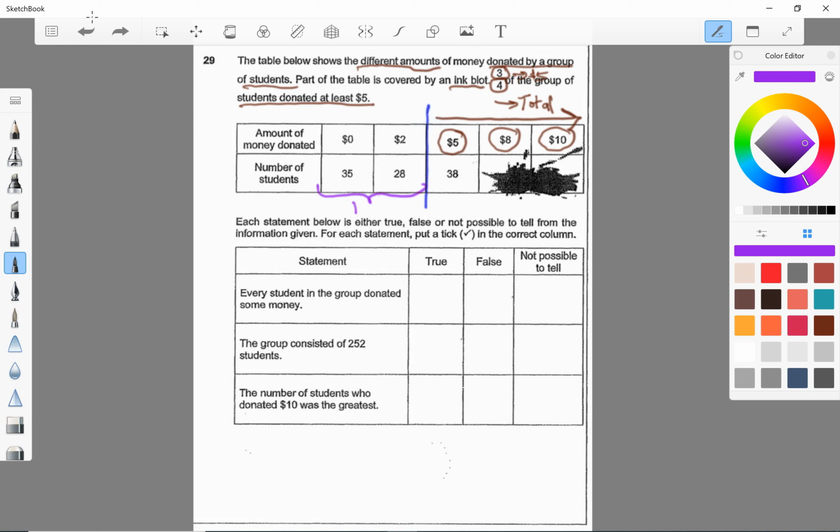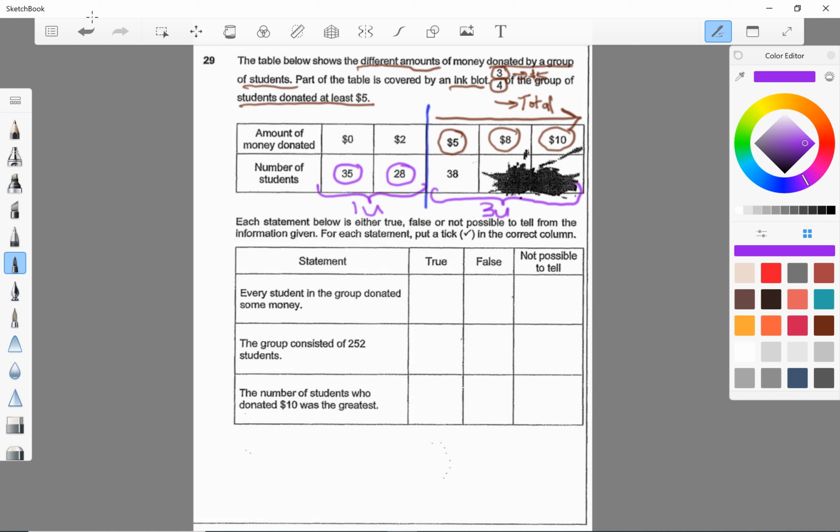Which means that those who didn't donate any at all, and those who donated $2, the 35 people, the 28 people, they are actually 1/4 of the entire group. And I'll call this 1 unit, which also means that the $5, $8, and the $10, they will belong to the 3/4, they will belong to the 3 units. So with this information itself, it is good enough for us to solve this question.